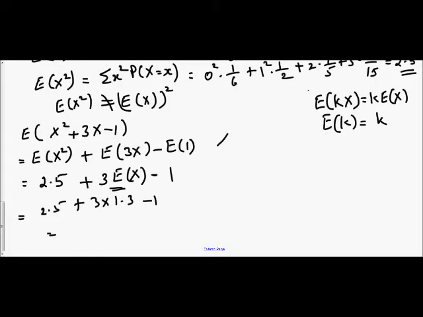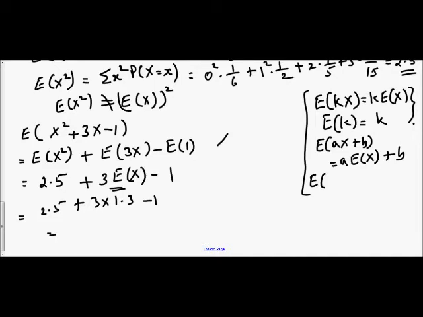So we have used this property, and we have also used one more property, which is e of ax plus b equals a e of x plus b. This is a combination of these two. And previously for e of x square, what we have used is, if it was e of f of x, this would be the sum of f of x p of x.